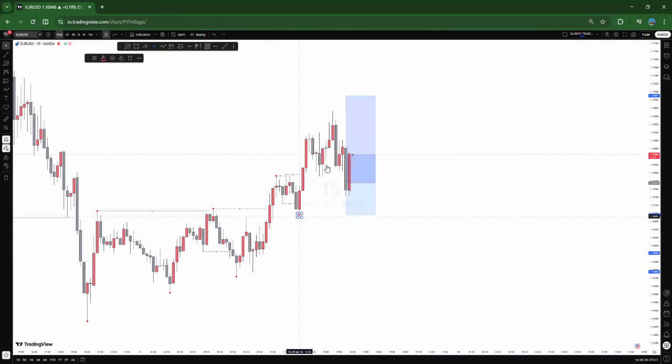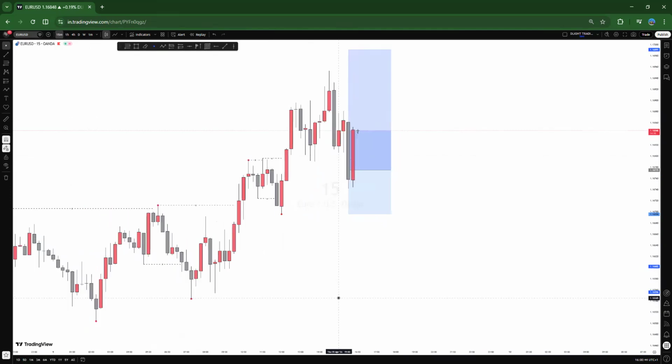Before price came to this current direction, you look at it carefully: price went up, came down, went up again, came down. Are you seeing the pattern? Price came, swept this low, came down, respected this other block, broke, came down, went up again, then swept this recent low. The price continued to its intended direction.